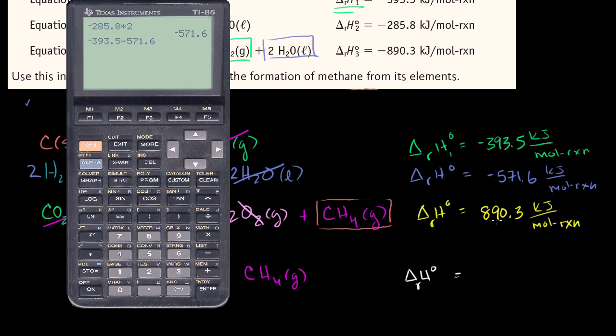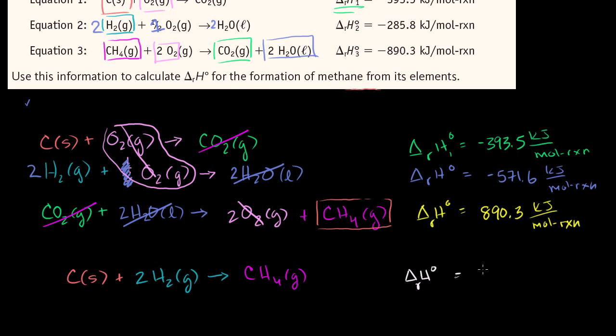And then we have the endothermic step, the reverse of that last combustion reaction. So plus 890.3 gives us negative 74.8 kilojoules for every mole of the reaction occurring.